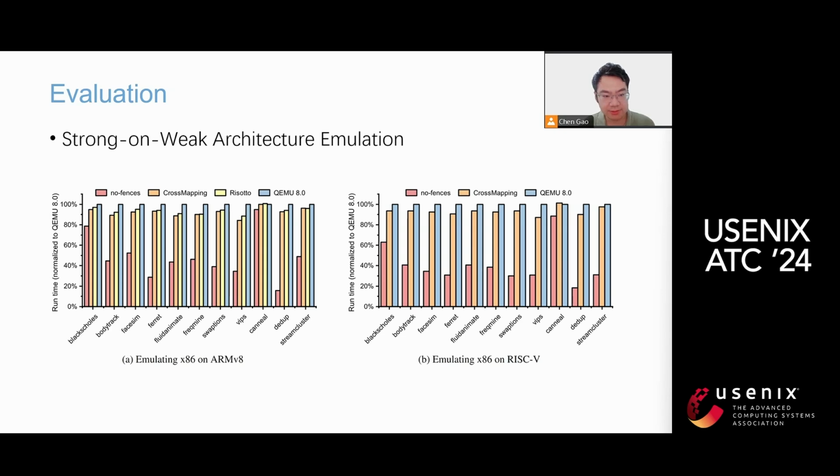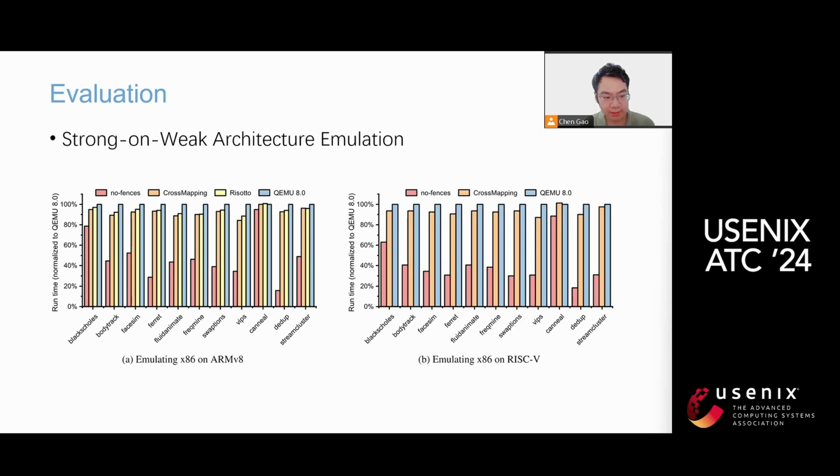Testing the performance without fences, we found that the additional fences occupied a significant portion of the execution time in the benchmark. For x86 to ARMv8 translation, the extra fences accounted for up to 84%, averaging 52% of runtime.